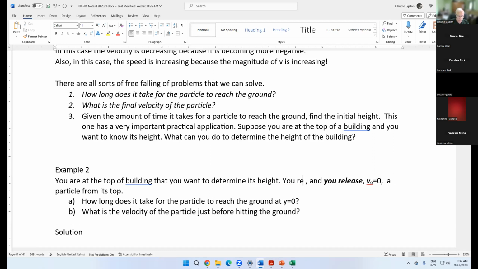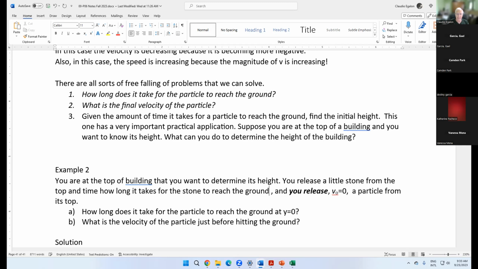You release a little stone from the top and time how long it takes for the stone to reach the ground.